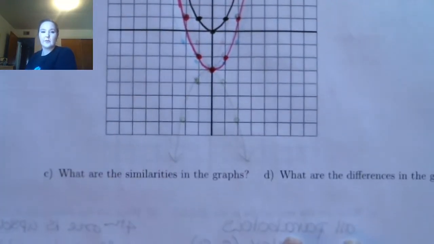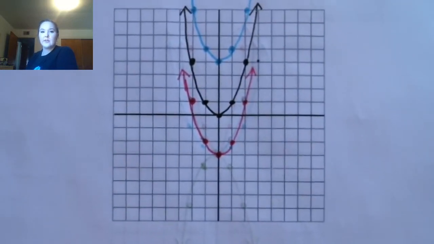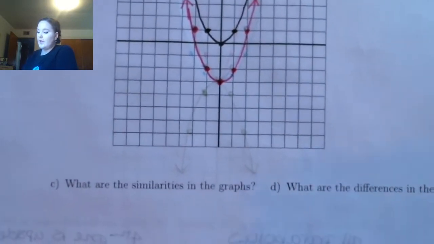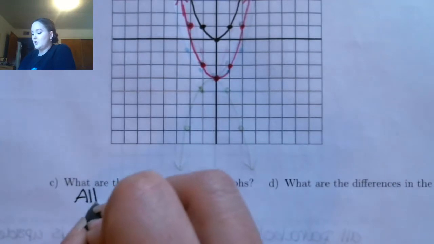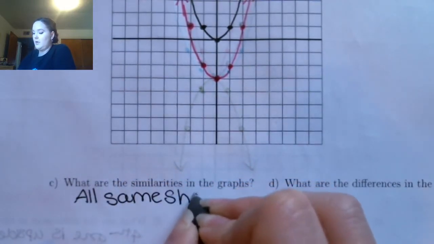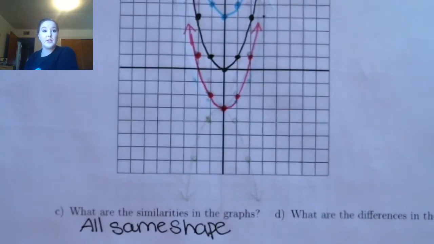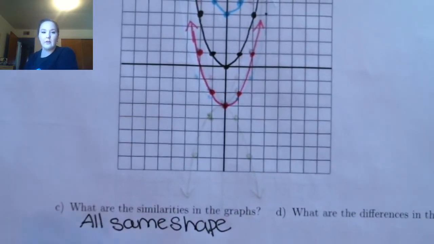So let's answer these questions about similarities and differences. What are the similarities of the graphs? Again, we can see that they are all the same shape. They're all the parabola shape, which is indicative of the x squared.